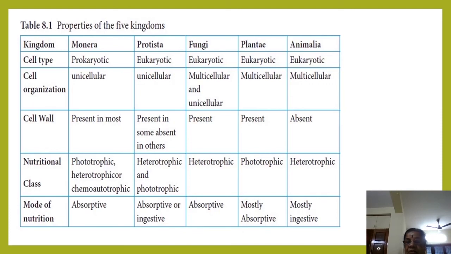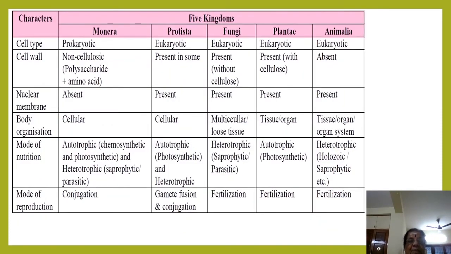Okay, the next one, I am showing the same. Here it is clear, the mode of nutrition. I have already said it, so I am not repeating, you just go through the mode of nutrition. Here, mode of nutrition autotrophic, chemosynthetic and photosynthetic. In Monera they are chemosynthetic and photosynthetic, right?